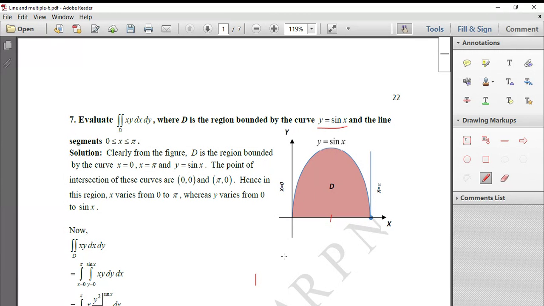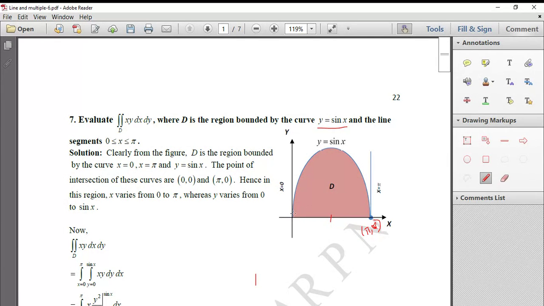Then what is x equal to pi? From the origin, let us take a distance pi, so that this point has x value pi and y value 0. At this point, the distance from the origin is pi.